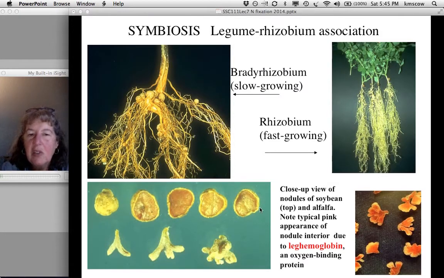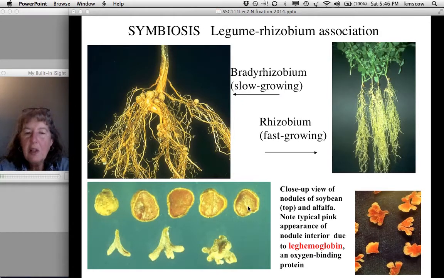Now, when you look at those nodules and do cross sections of them, or even if you don't, and you just look at them straight on and you get the soil off of the roots, you can see this pinkish color, and that pinkish color is associated with the presence of leghemoglobin. Very similar in structure to the hemoglobin in our body that carries oxygen in our bloodstream.